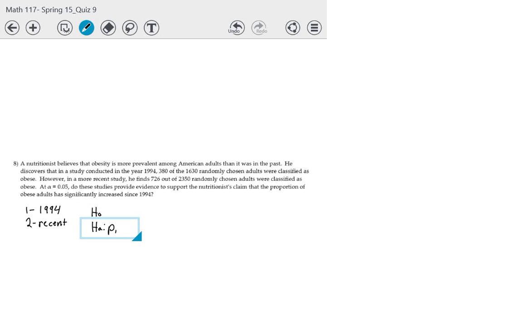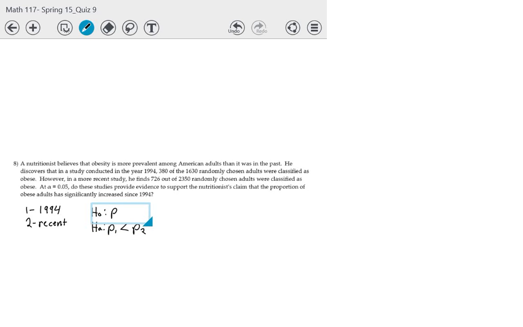So P1 is referring to 1994, so this is going to refer to the proportion of obese adults in 1994. So the nutritionist believes that obesity is more prevalent than it was in the past, right? So the proportion of obese adults in 1994 is less than it is now, or in more recent years.